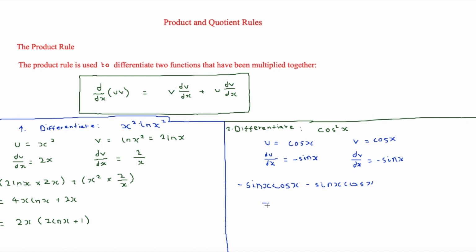That is therefore going to be equal to minus 2 sine x cos x, which we can simplify one more time by using the compound angles, and in particular the double angle formulae, to make this minus sine 2x. If you don't know about that, watch my video on compound angles, as that's just a way to simplify this. And there we are, that is the answer to that question there.